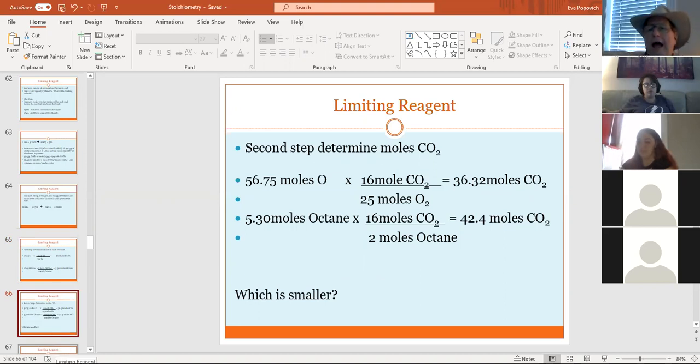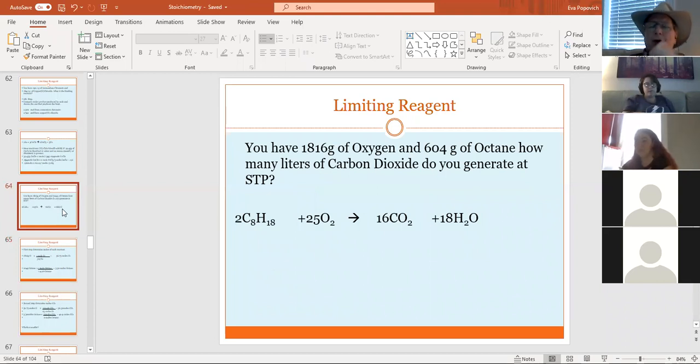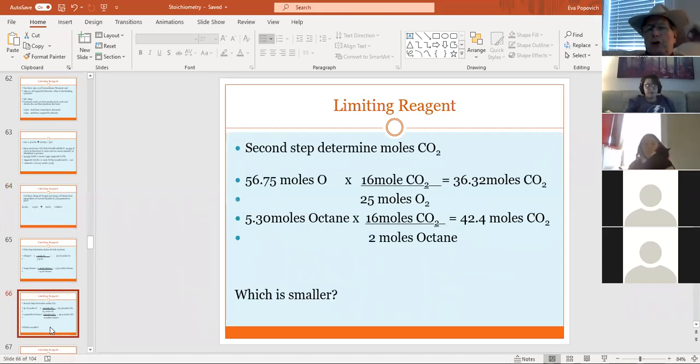So I now have moles of CO2. The question is, how many liters of carbon dioxide do I generate at STP? Do I have any relationship? Yes. What do I have to do to the 36.32 moles of carbon dioxide to get liters?